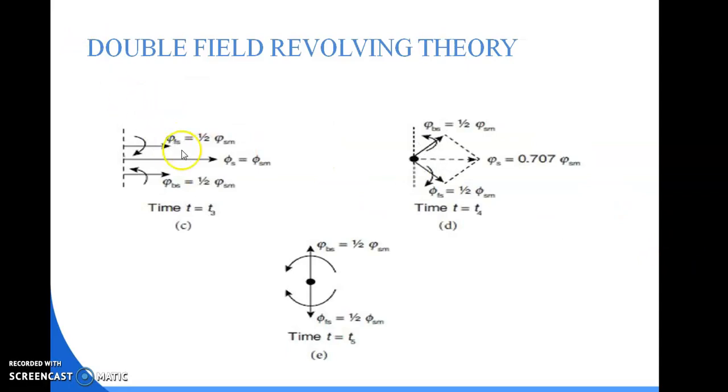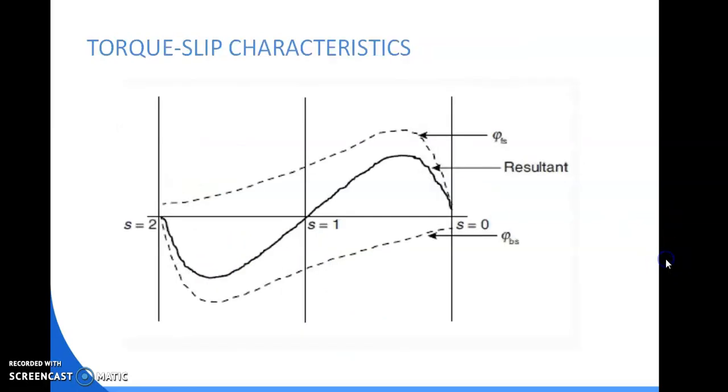Similarly, here also we can say two different fluxes. Here we can calculate the phi s for time t equal to t3. When time t equals t4, again this vector will start rotating, and here this is t equal to t5. Again both the fluxes will be rotating but in equal and opposite direction.